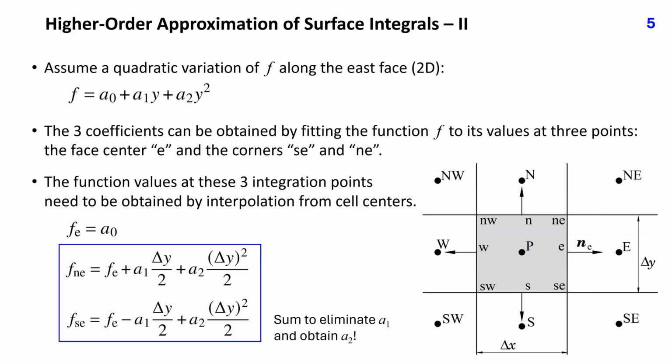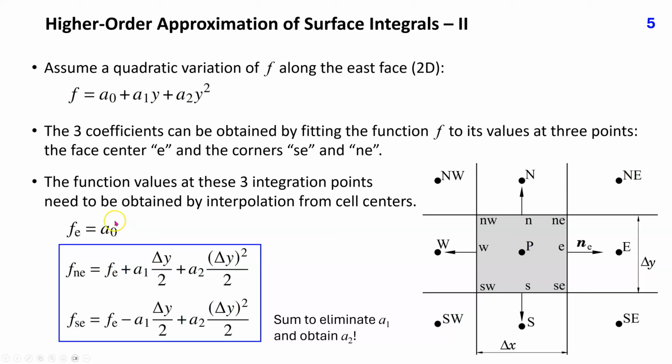We define a local Cartesian coordinate system at the cell face with its origin at face center E. The y-coordinates of the other two integration points are minus delta y half for SE and plus delta y half for NE. By fitting the parabola to function values at these three integration points, we obtain these three expressions.